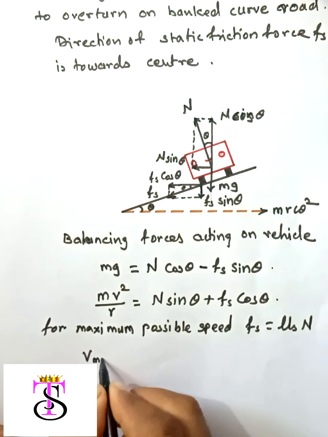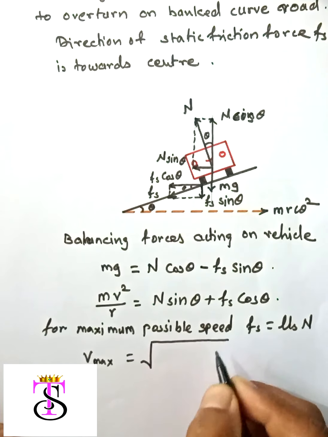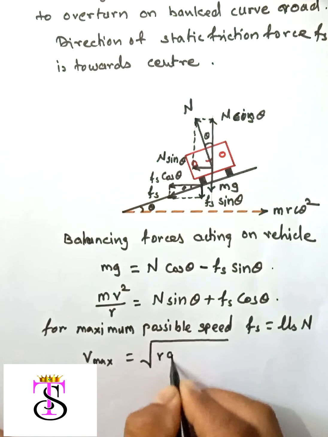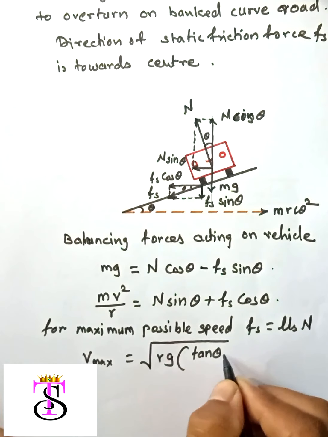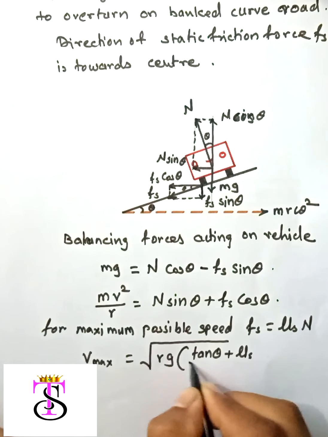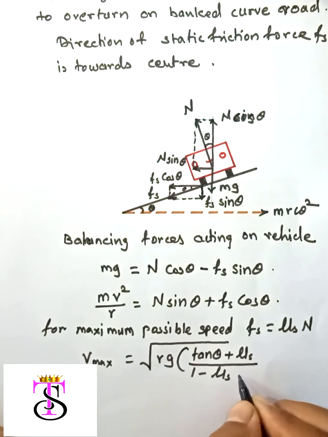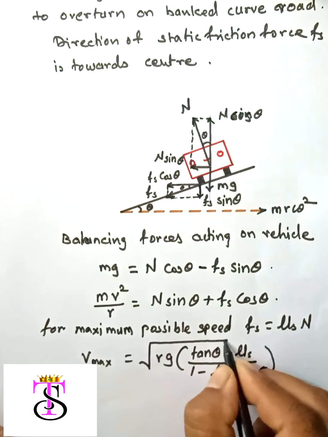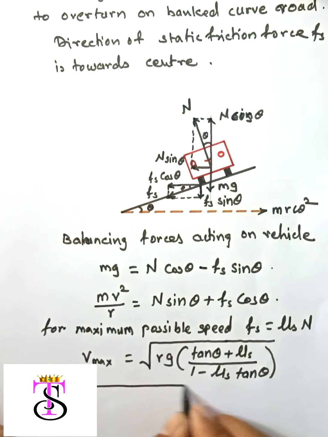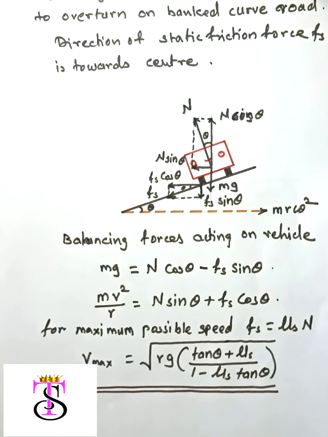Vmax can be given by the expression under root rg into tan theta plus mu s divided by 1 minus mu s tan theta. With this expression we can find out the maximum speed over a banked curved road.